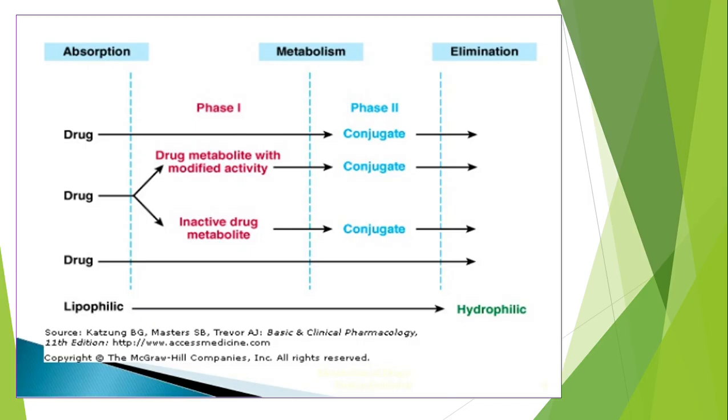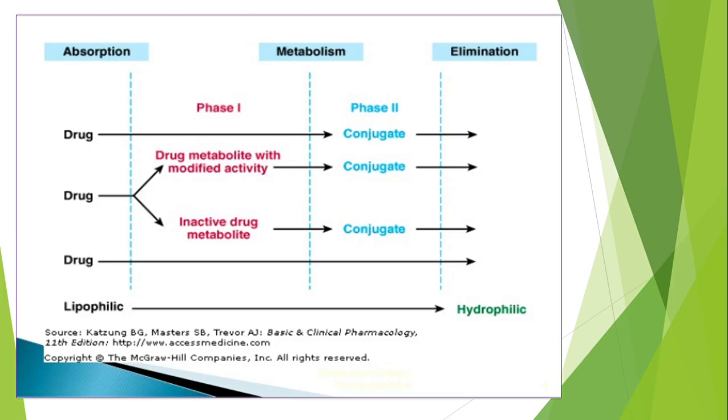Phase 1 produces drug metabolites with modified activity, and inactive drug metabolites are conjugated and then eliminated. In phase 2, the conjugation takes place. Some drugs go directly to phase 2 biotransformation and are eliminated from the body. Some drugs go first through phase 1, then undergo phase 2 biotransformation and are eliminated from the body in hydrophilic form.